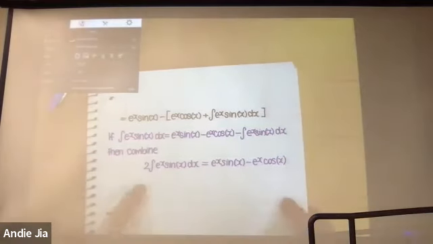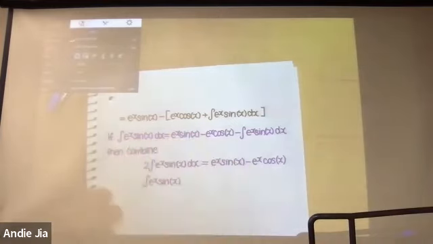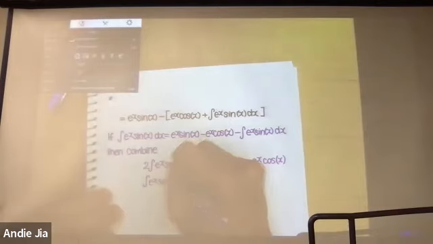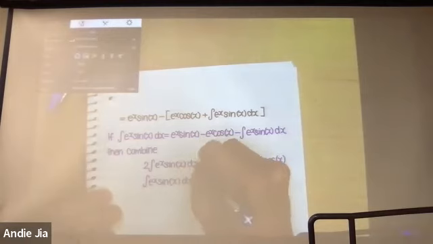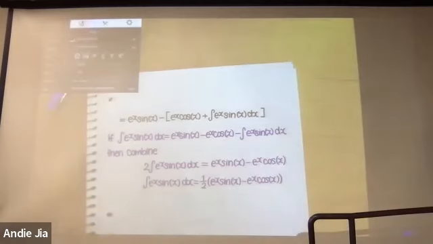Just divide by 2 on both sides. We have the integral of e^x sine of x dx equal to 1/2 (e^x sine of x minus e^x cosine of x). That's it.